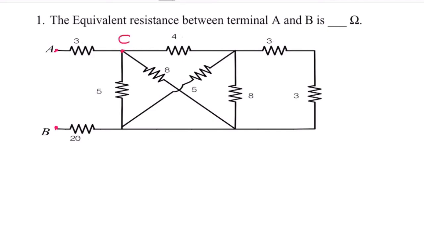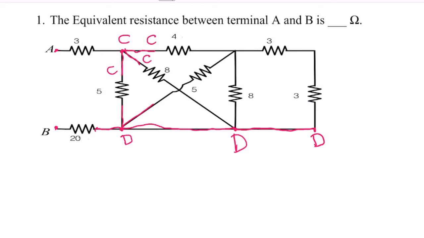This node point is called C. Because it is a common wire, all these are C only. With respect to here, this is D. This is also D, it is a common wire, and this is also a D point.